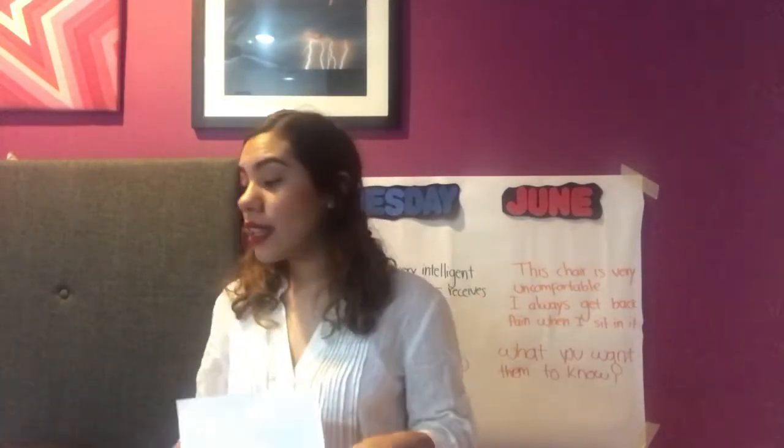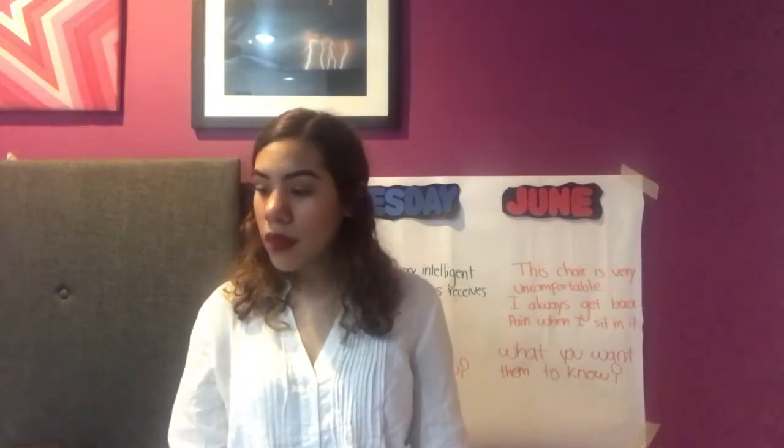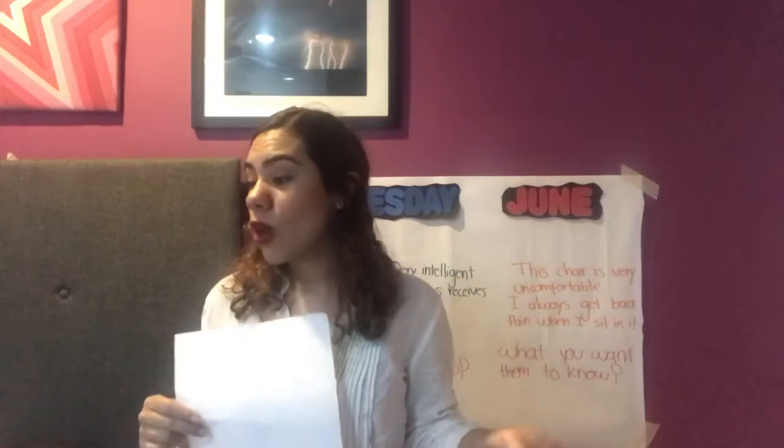Okay. Now, in your notebooks, you are going to work individually by doing a step-by-step list of what you are going to include in your book review, okay? You are going to use the structure that you worked with in your teams to help you develop a step-by-step list of what you want to include in your book review, okay?